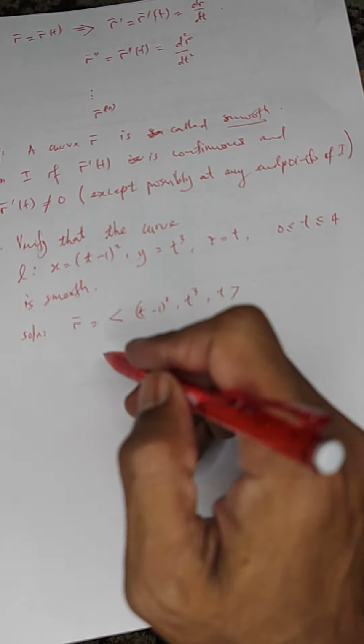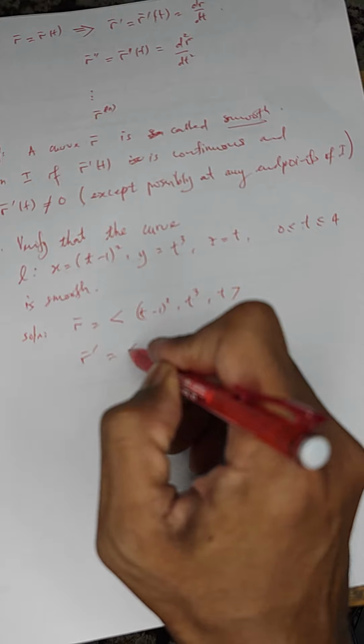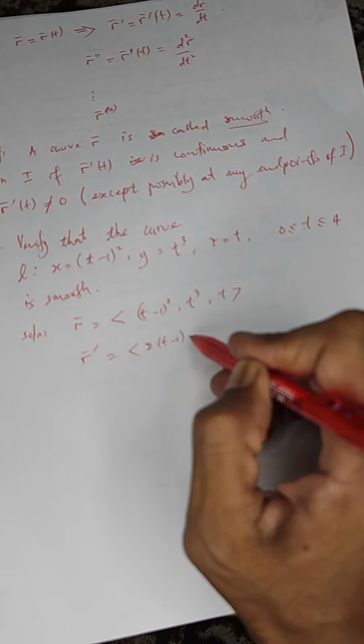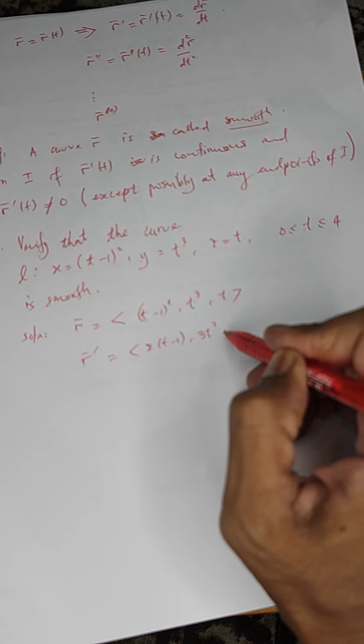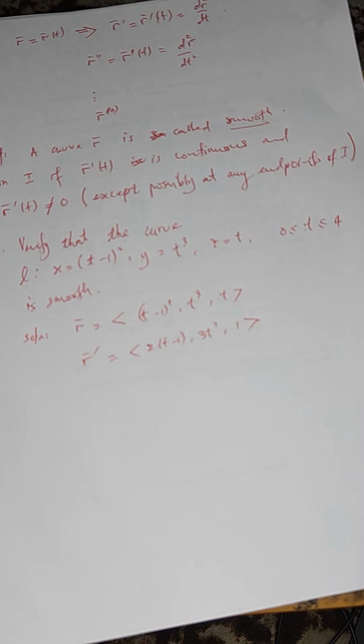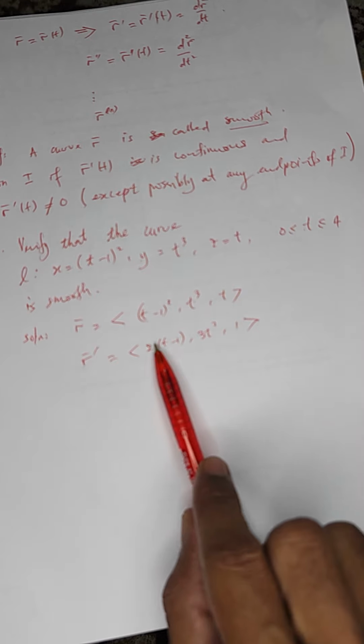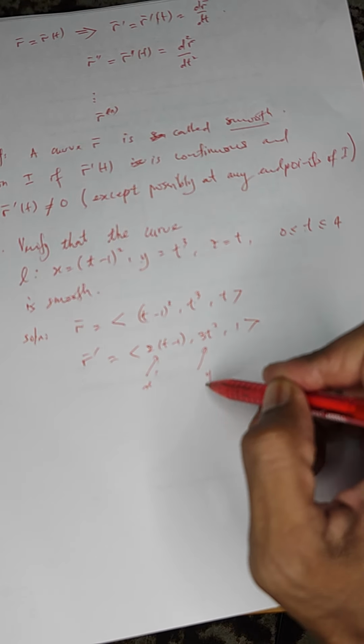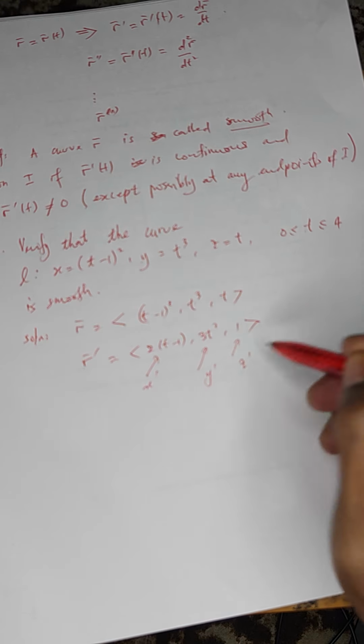So if we find R prime, that gives us 2(t minus 1), 3t squared, and 0. Of course, this is just a linear function. This is your x prime, this is your y prime, this is your z prime.